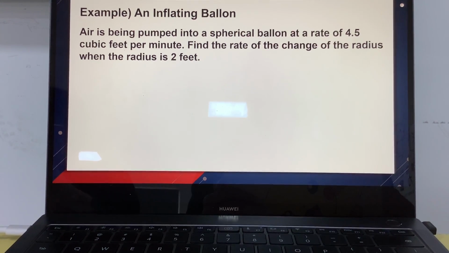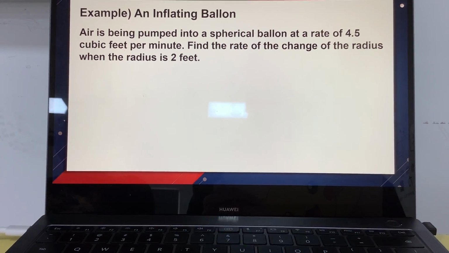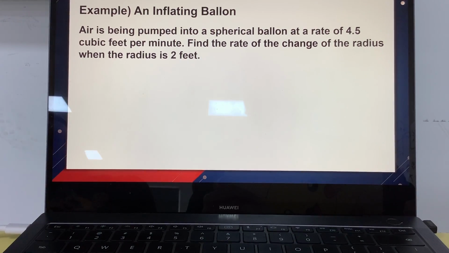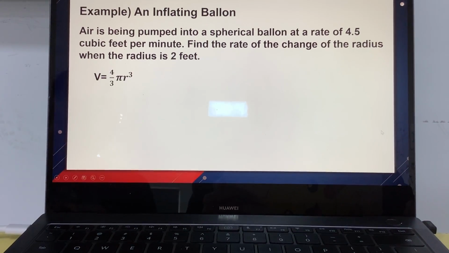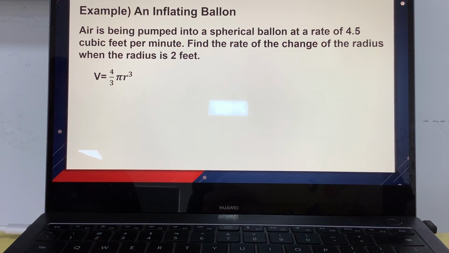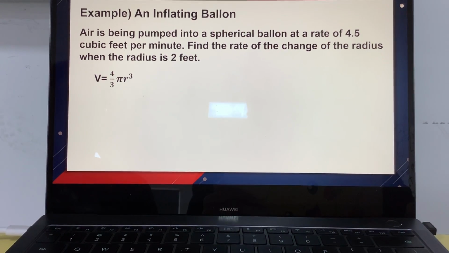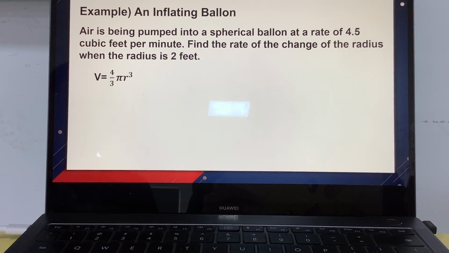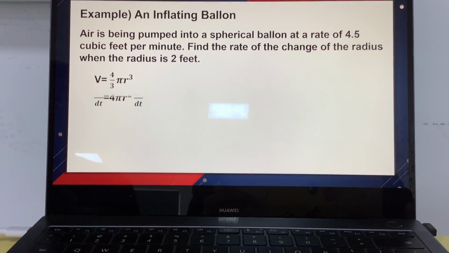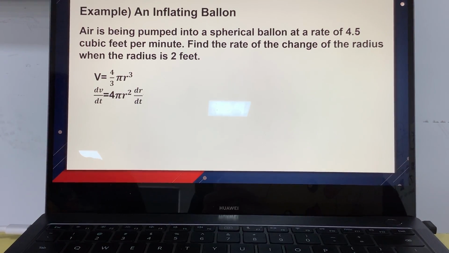Next, we have an example of an inflating balloon. Air is being pumped into a spherical balloon at a rate of 4.5 cubic feet per minute. Find the rate of change of the radius when the radius is 2 feet. So the original equation of the spherical volume is V equals 4 over 3 pi r cubed. So we have dV over dt equals 4 pi r squared dr over dt.